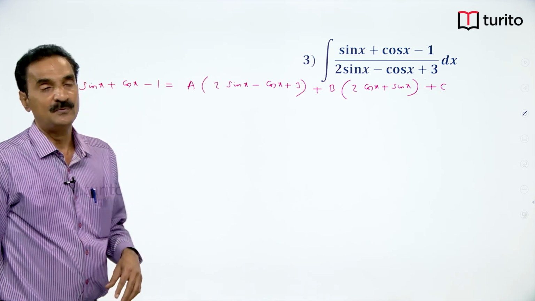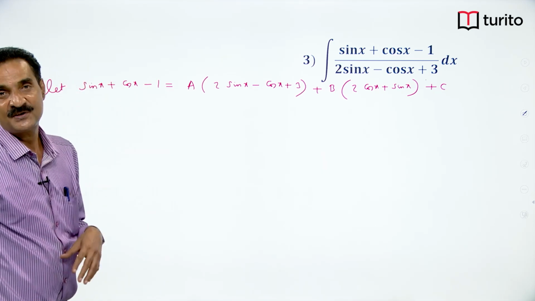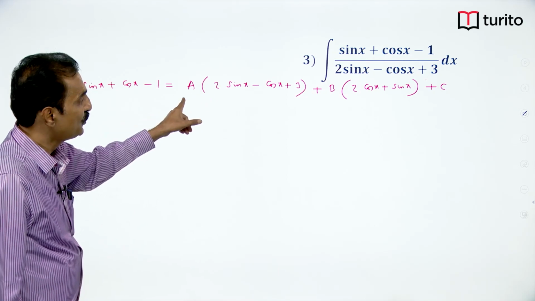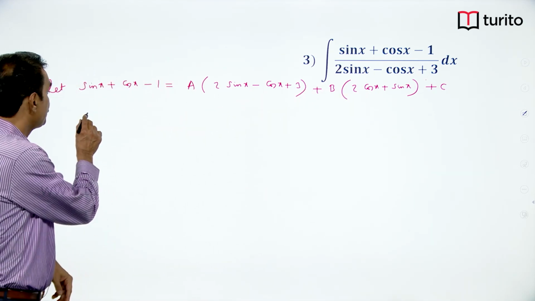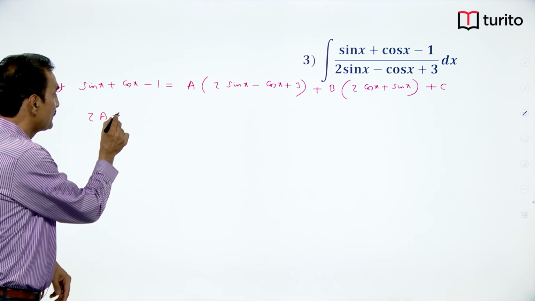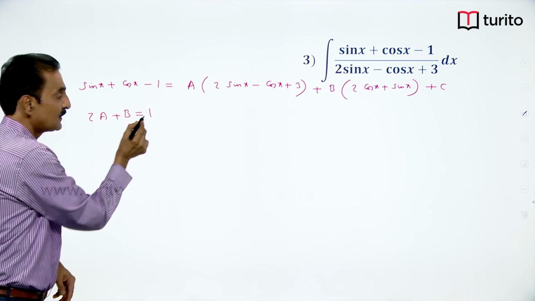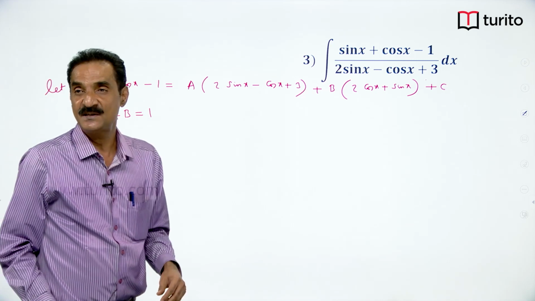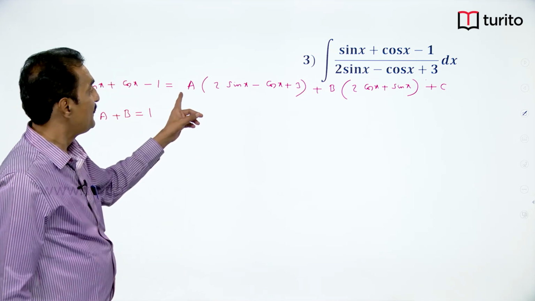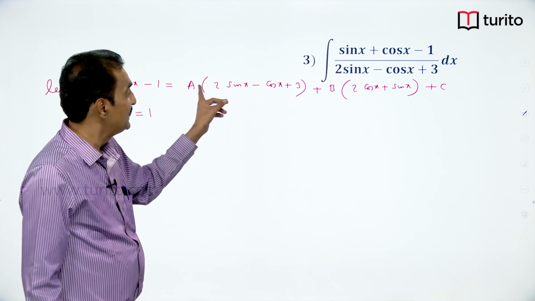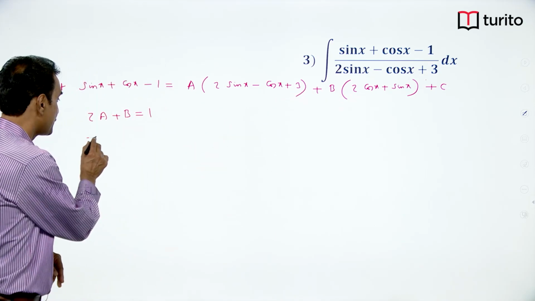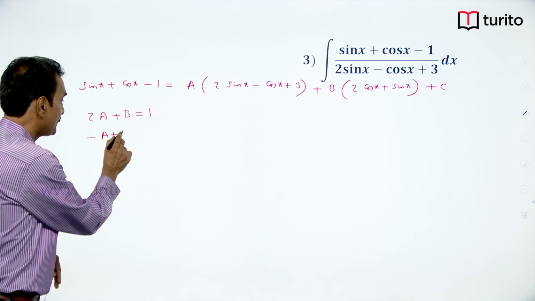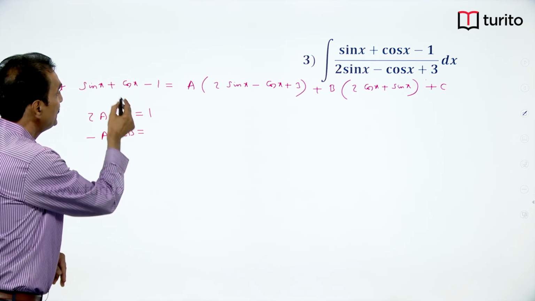Compare the coefficients now. Comparing the coefficients of sin x, 2a plus b is equal to 1. Comparing the coefficients of cos x, minus a plus 2b is equal to 1.